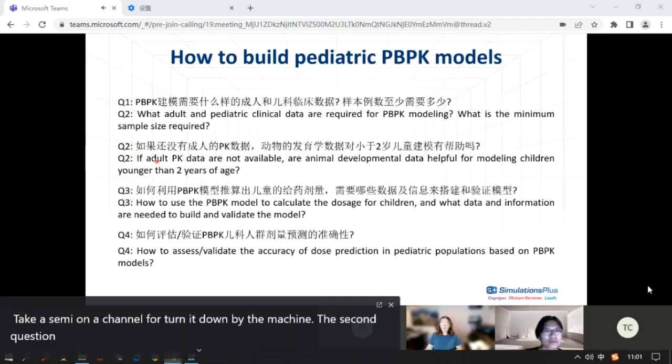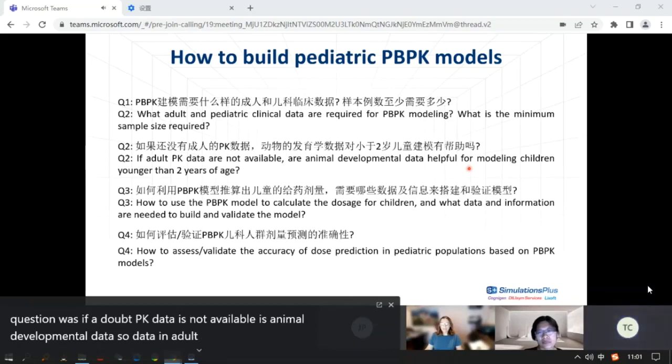The second question was, if adult PK data is not available, is animal developmental data, so data in adult animals and juvenile animals, helpful to do the predictions in children?